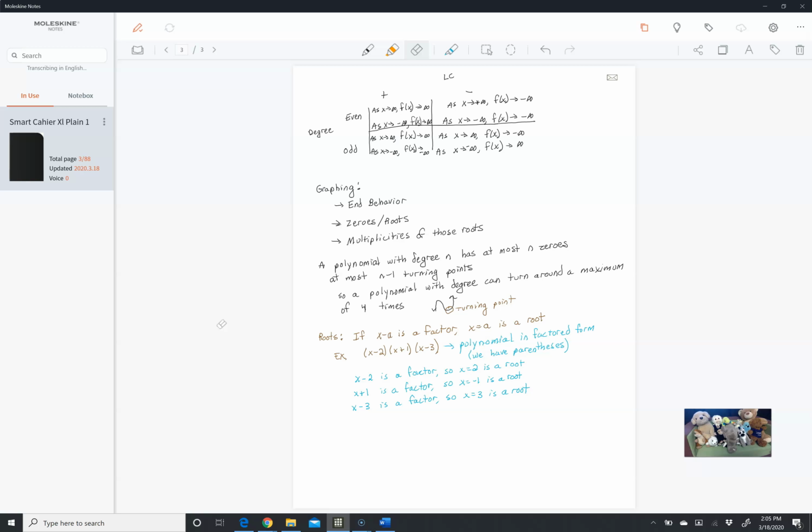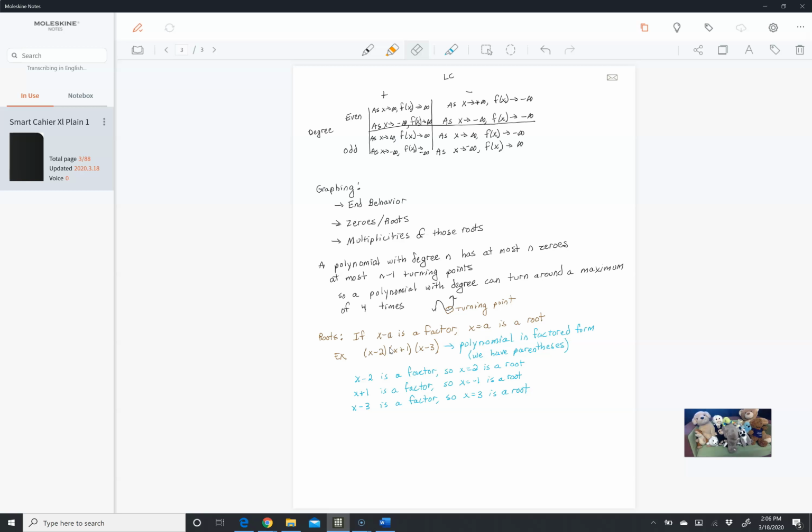Okay. In order to figure out the multiplicity of a root, what we're going to look at is whether or not any of these factors have exponents. So if there is an exponent here, the multiplicity is equal to the exponent.